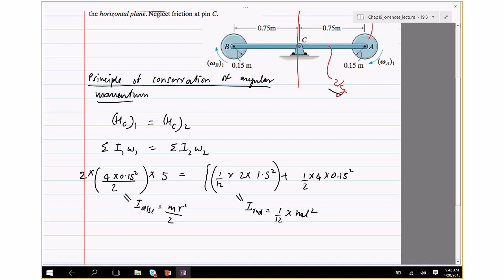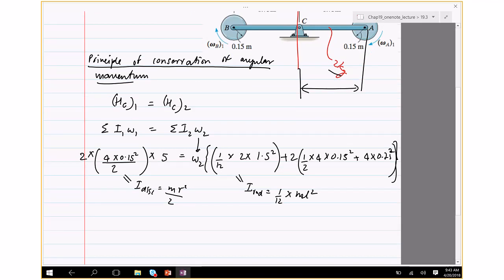But now the disks are not spinning about A and B, but they're spinning about C, the axis C. So I need to apply the parallel axis theorem. So mass times the distance from A to C, which is 0.75 squared. Okay, since there are 2 disks, I'll put 2 here, and then omega 2 is the unknown.